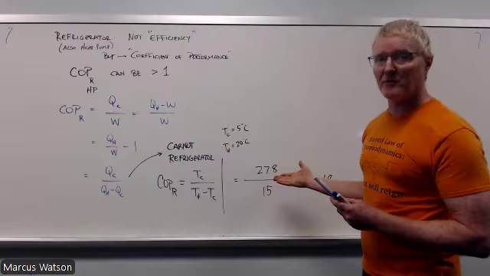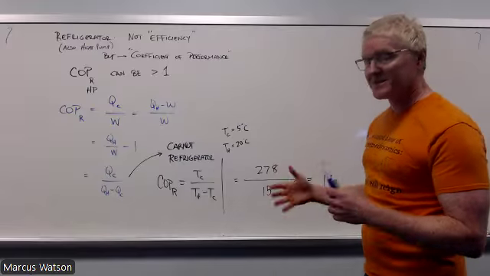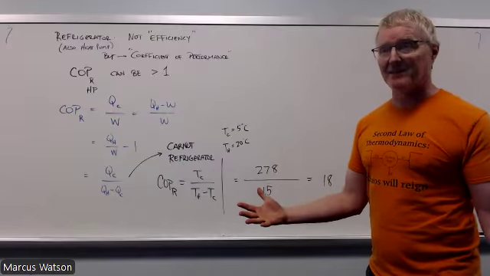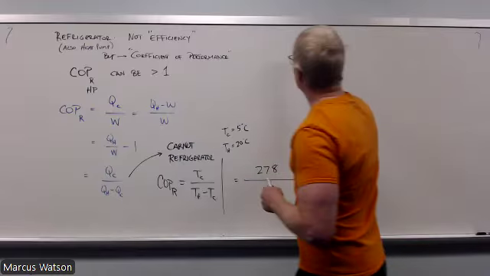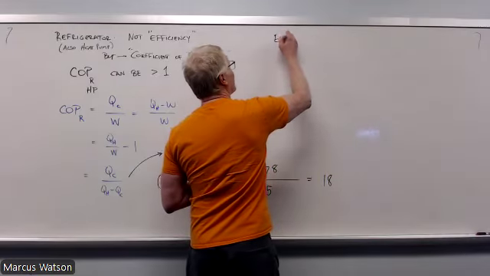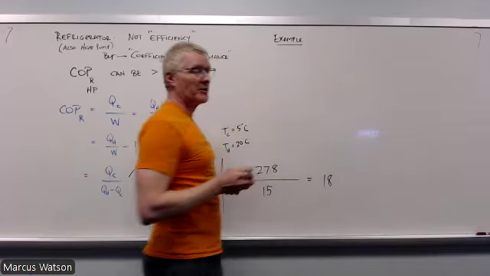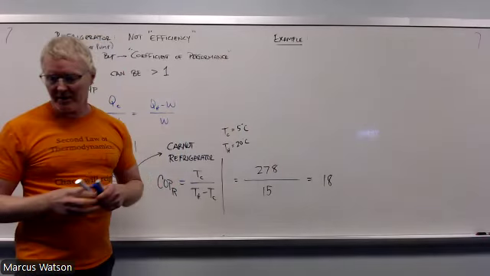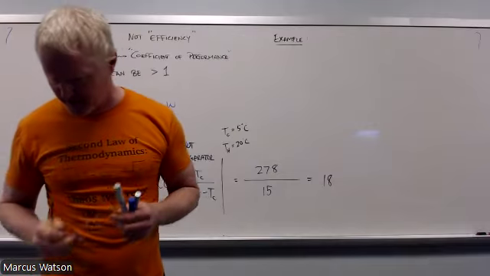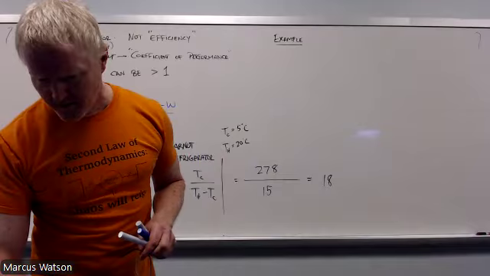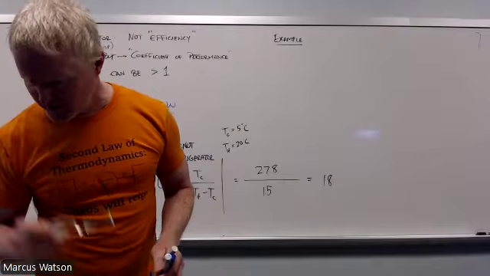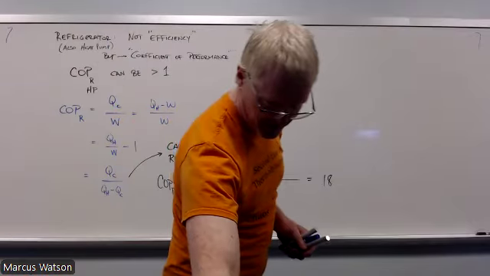So let's do an example of why the coefficient of performance is so big. Let's look at a refrigerator and see what numbers we can come up with. So I cooked up an example here.